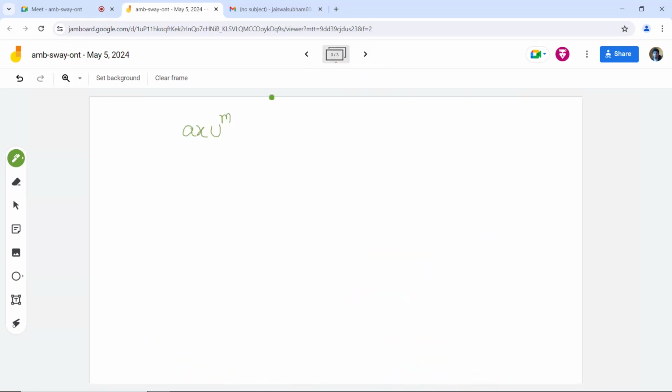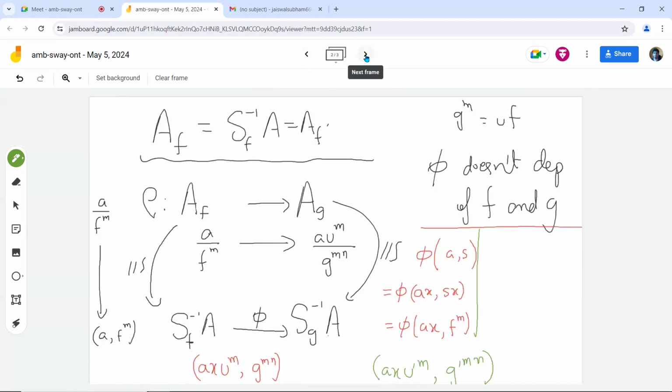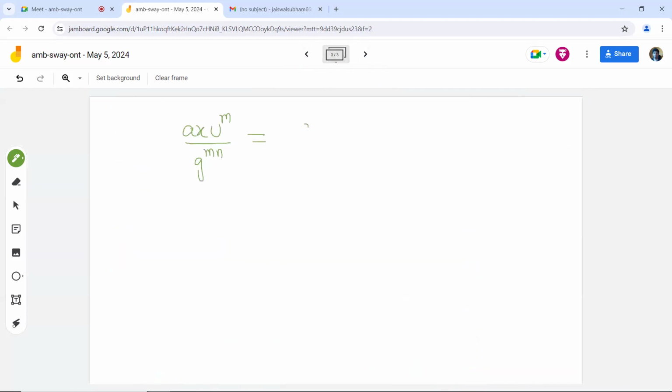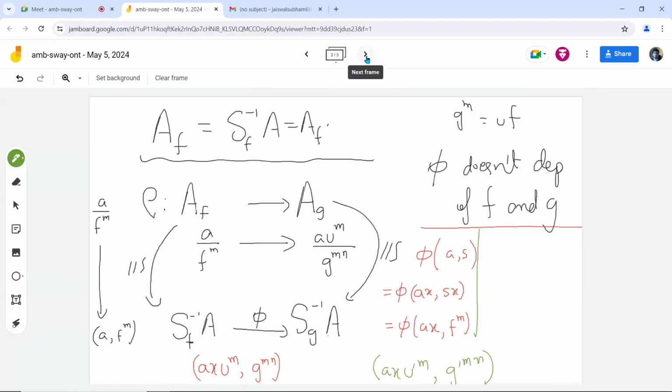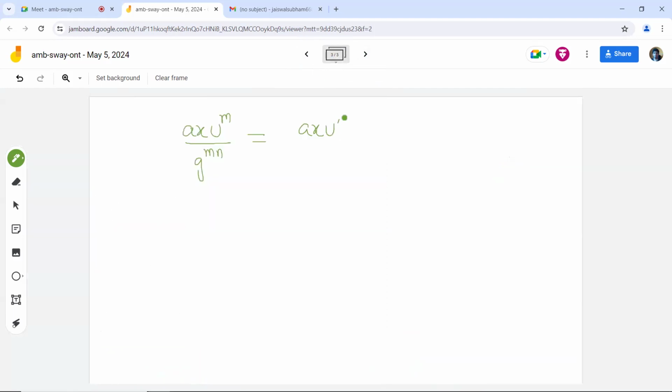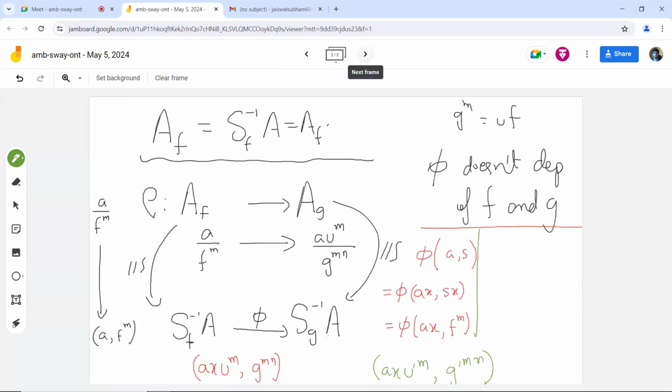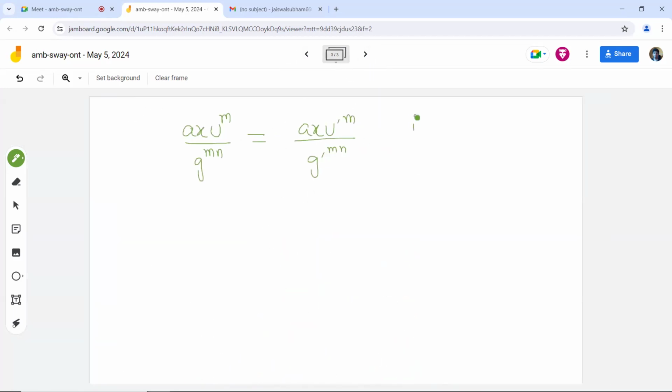Still has to be shown, cannot be avoided. So we want to show that g mn, this is the same thing as, sorry, u prime m by g prime mn, right? We need to show these two things are same in S G inverse A.